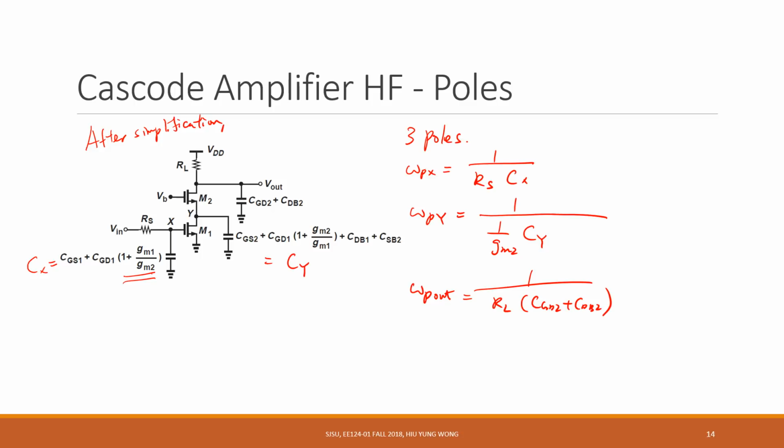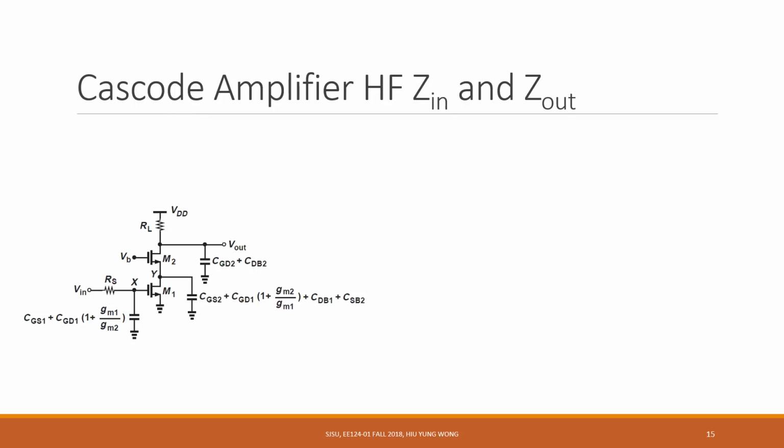Okay, so nothing special. You see, even for the cascode circuit, which is so complicated, if you just follow the procedure carefully, you can find the three poles very quickly without solving the small signal model. Okay, and we also have the input and output impedance, right? So what is the input impedance? Input is here, right? It is RS in series with the C. So let me call this Cx.